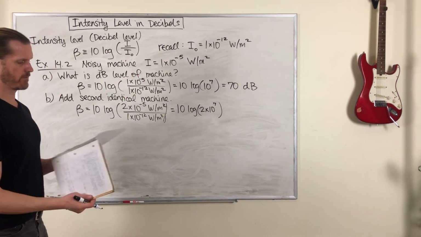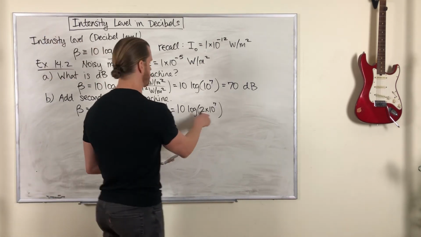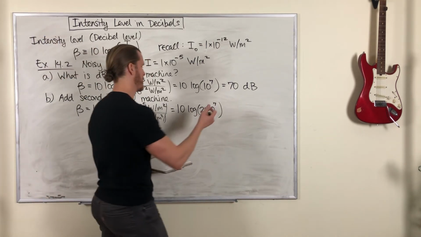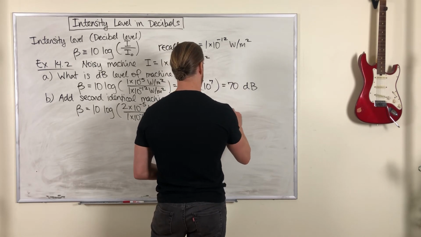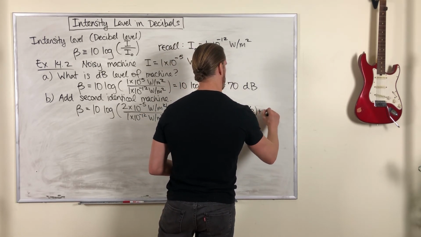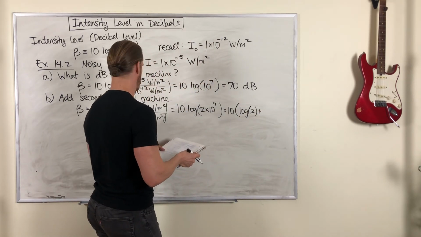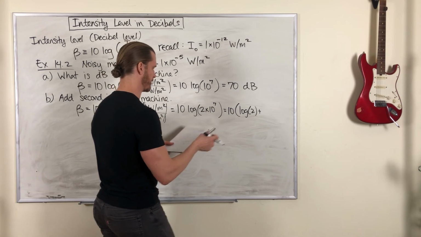And what you can do with logarithms like this is that logarithms add. So it's 10 times the log of 2 plus the log of 10 to the 7.